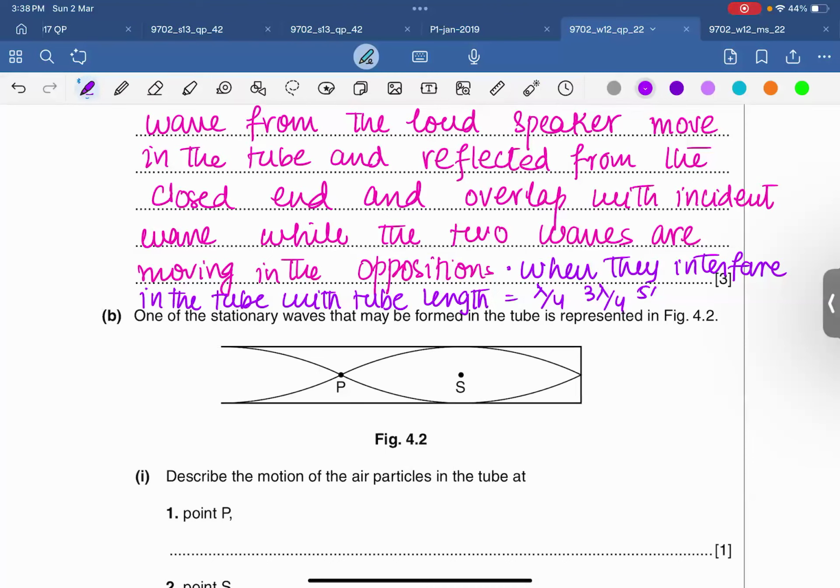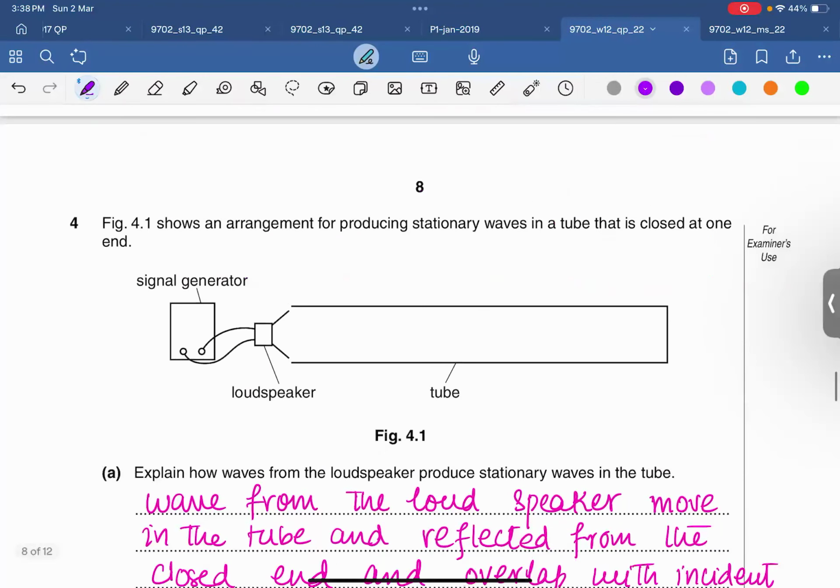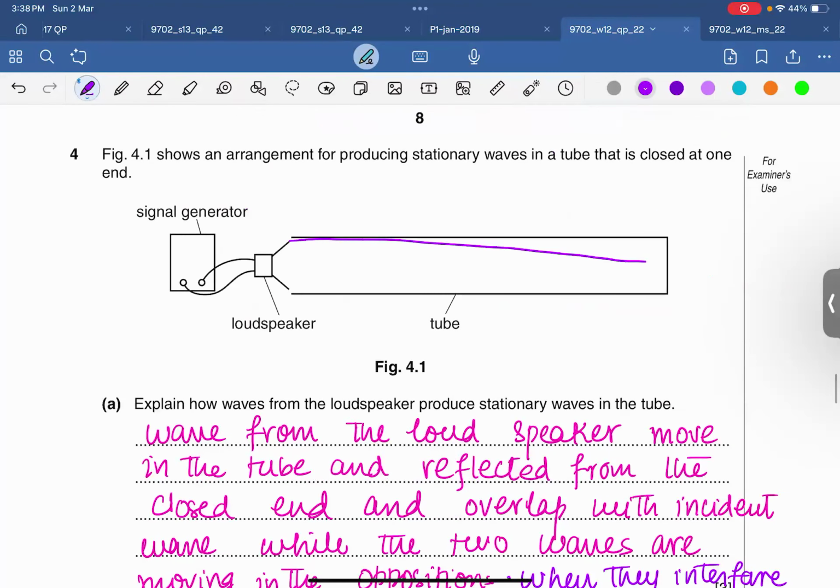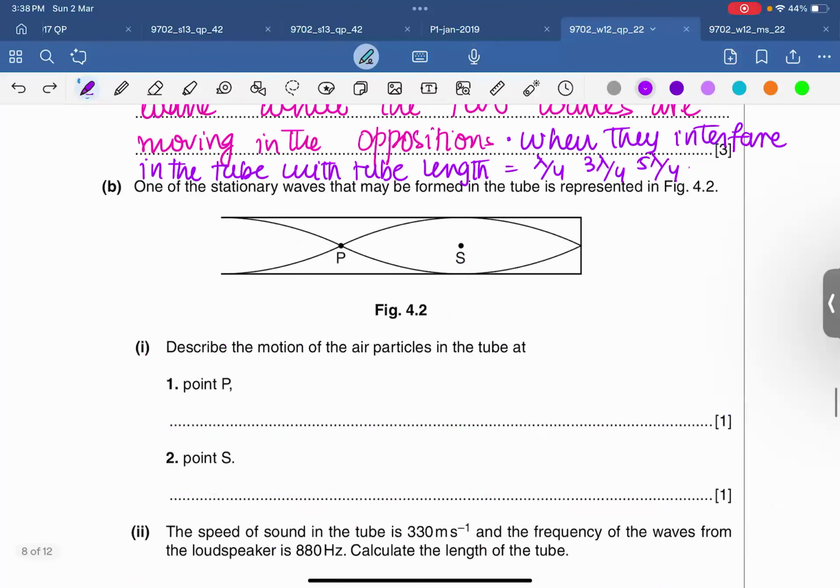So this will happen. Clear? Because it is closed at one end and open at the other end, the first possible harmonic is a quarter of the wave, so lambda by 4. Fine. Let's move on.